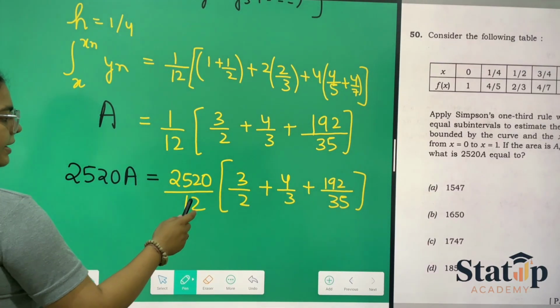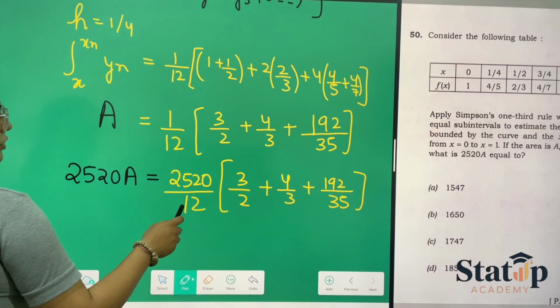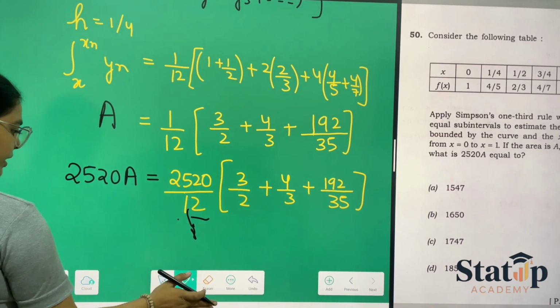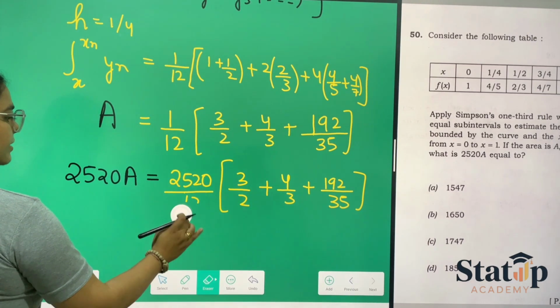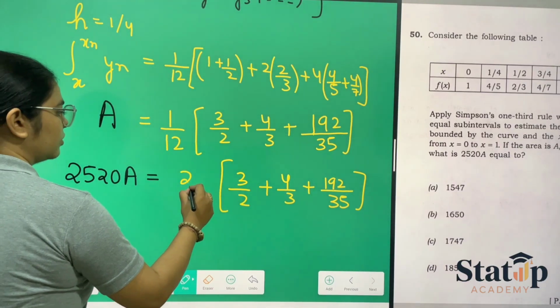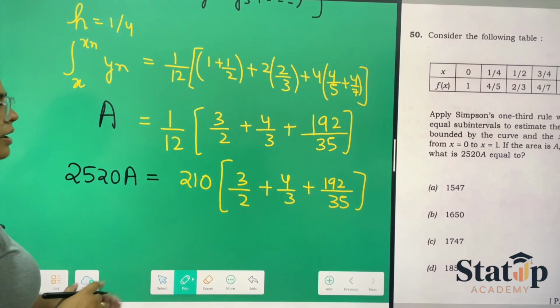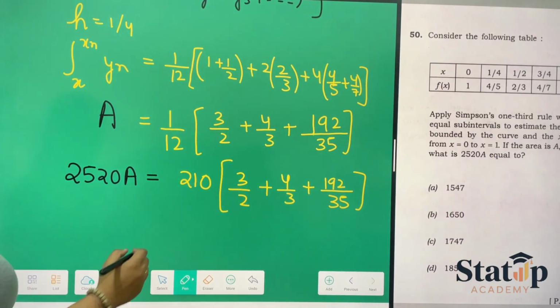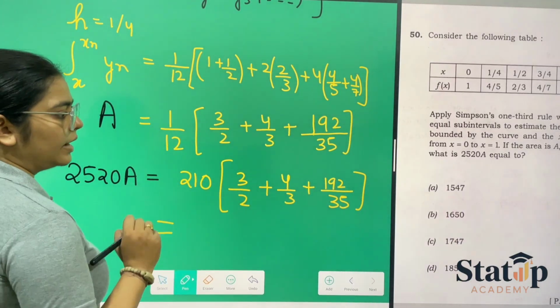If we divide it by 12, the denominator and the numerator will get cancelled, and we will be left with 210 multiplied. Now we can individually multiply 210 and get the final answer. I am writing the final answer that you will be getting.